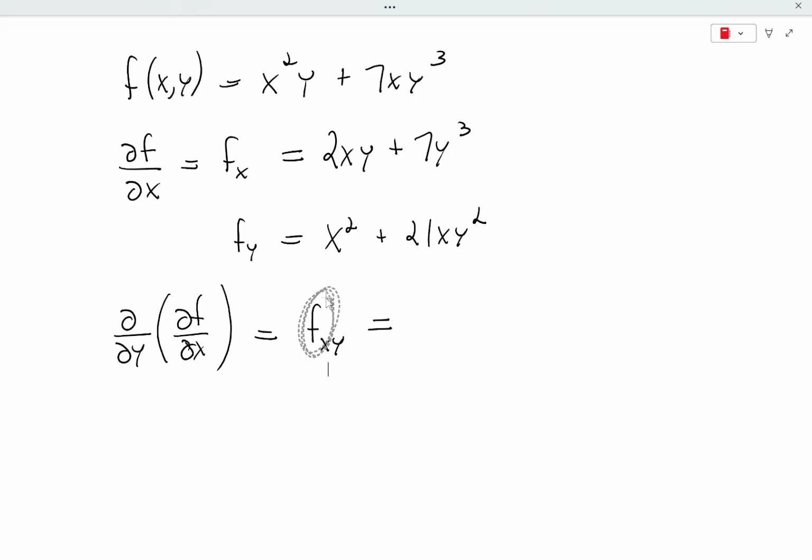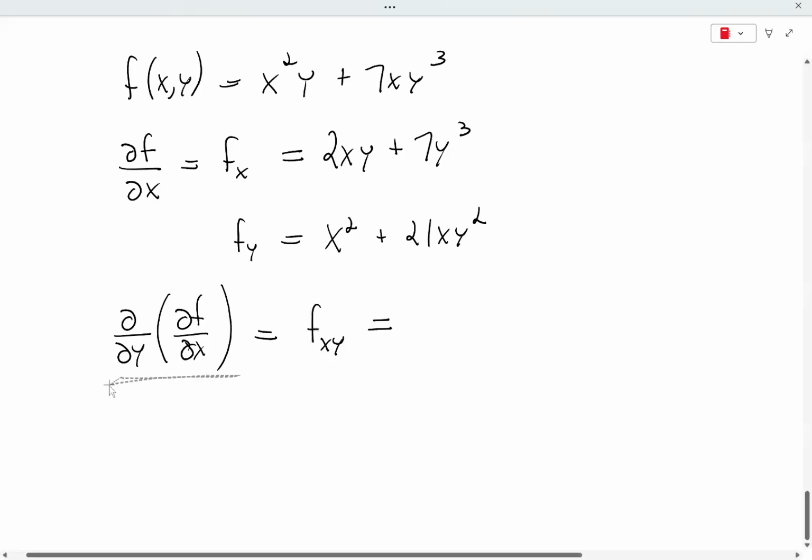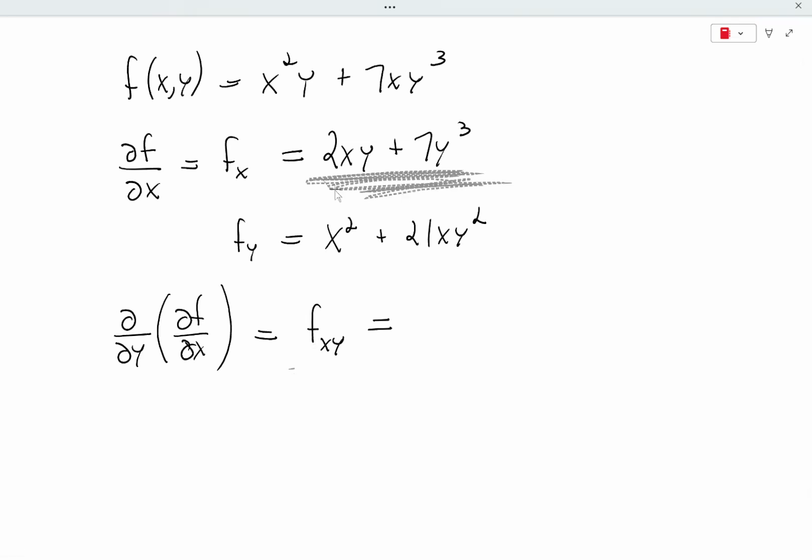So this notation, if you're taking the partial with respect to y of this one, you find the partial with respect to x and then take the partial with respect to y. What would that be here then? So I take the partial with respect to x, which is this, and then take the partial with respect to y.